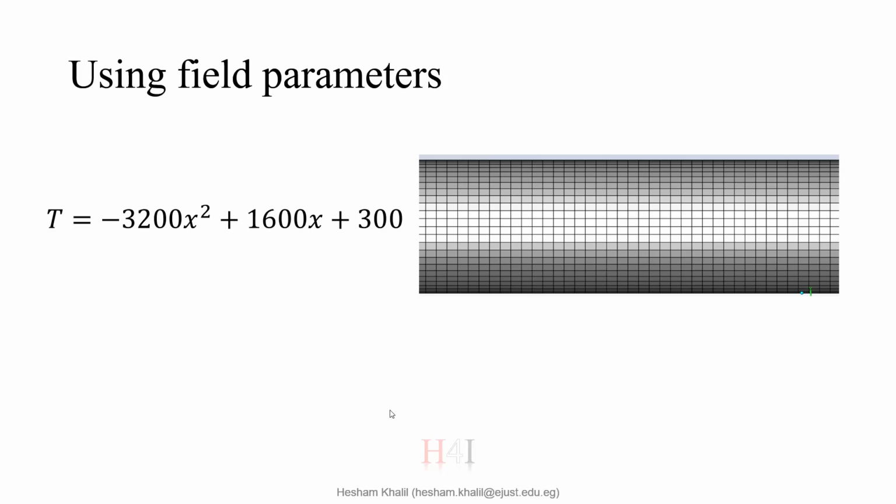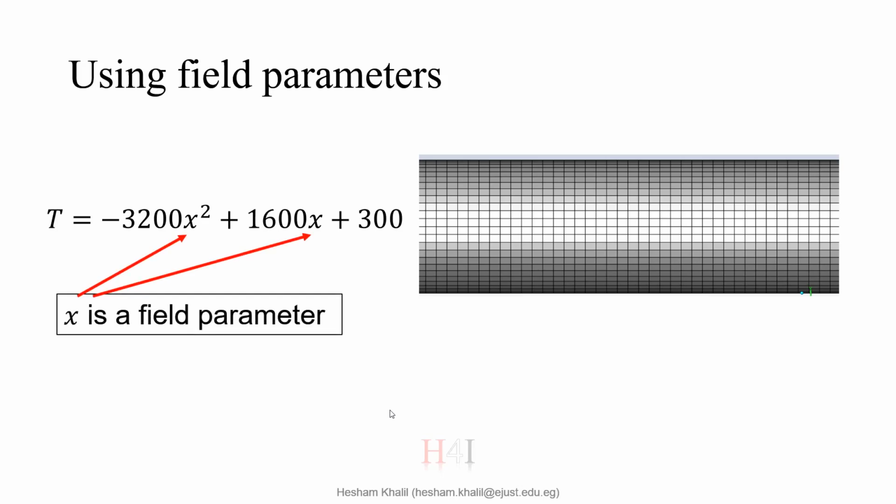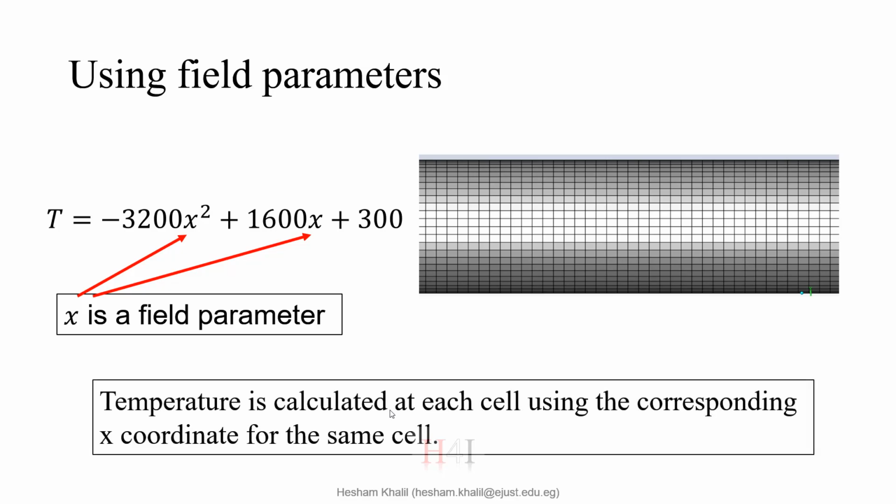I want to define the temperature across the surface of the pipe, so I use this equation. Using the equation this way, we have x, which is a field parameter. Each cell has its x coordinate. So what happens when ANSYS finds this kind of formula? It recalculates the expression at each cell using the corresponding x value to calculate the temperature of this cell. So the temperature is calculated several times, once at each cell.